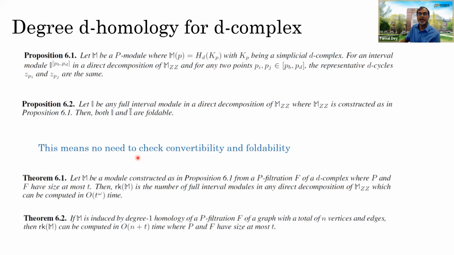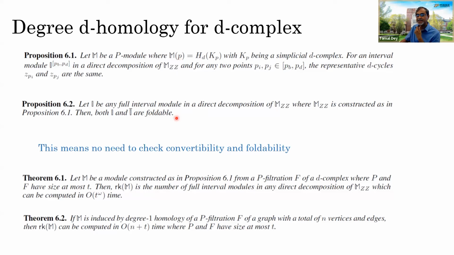Here is one more thing, and then I'll stop. Here is a special case. Suppose you have the special case where your module is coming from the degree D homology. So you have a filtration and you have a D complex, meaning that the highest dimension in the complex K, which is being filtered by P, has the dimension D. And suppose we are considering the degree D homology, so that if you consider that module, for that case, now the computation becomes much easier, because of these two propositions, you don't need to check convertibility and foldability.